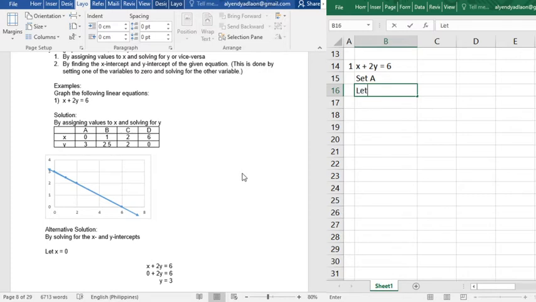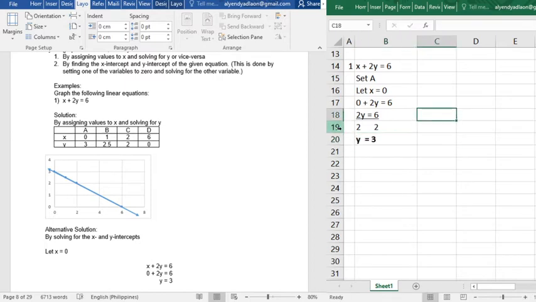Let x be 0. That would become 0 + 2y = 6, and then 2y = 6. Divide both sides by 2, cancel the 2 here, and so y equals 6 divided by 2, that is 3.